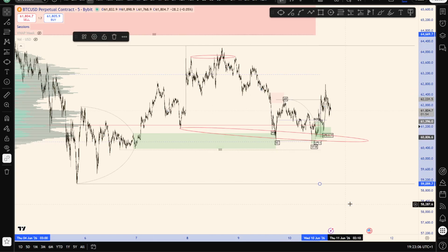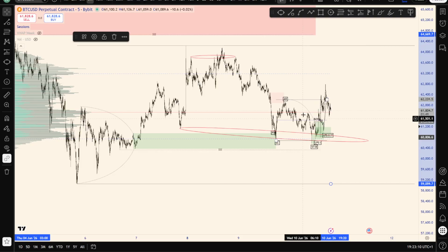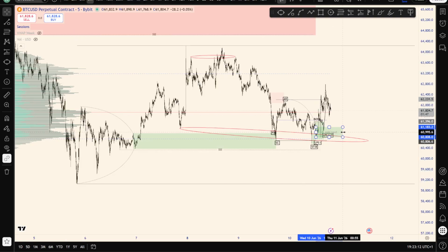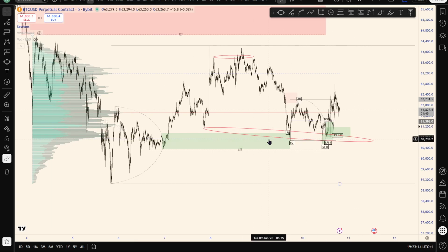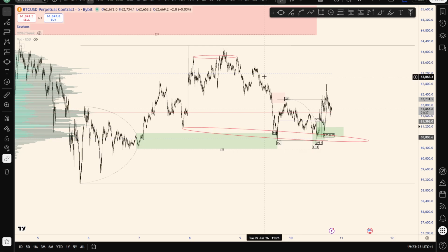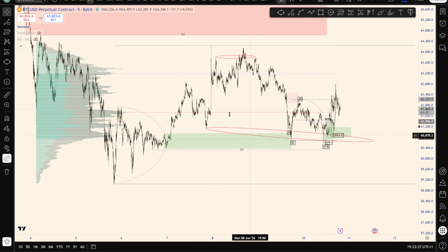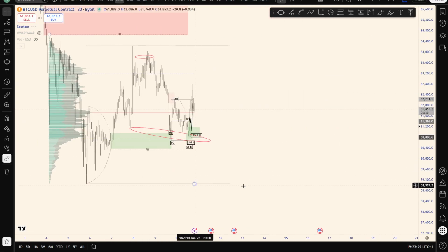Let me check the volume profile. Okay, it's not a bad idea at all. It's backed by the volume profile, volume area low. We have here a strong reversal area with some supply partially mitigated, so it's not very interesting.